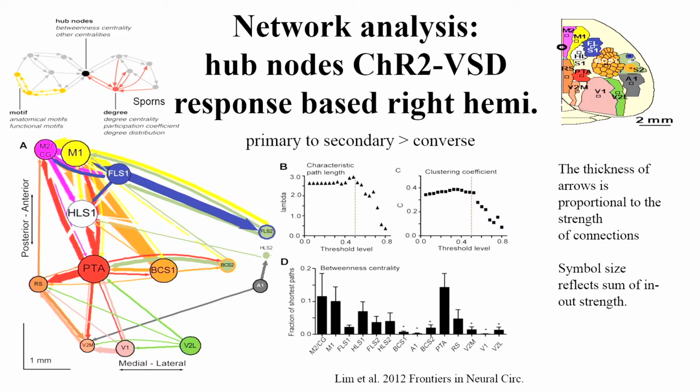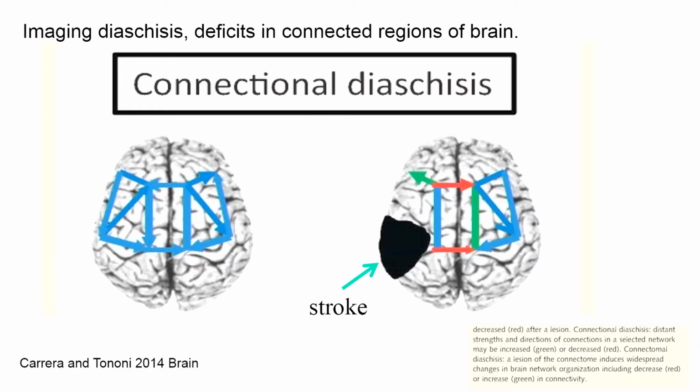And then now the size of this symbol is proportional to the total in and out strength through that structure. And each arrow shows connection strength, and the thickness of the arrow corresponds to how strong this is. So we photostimulate a point, and then we measure the connection strength emanating from that photostimulated point.